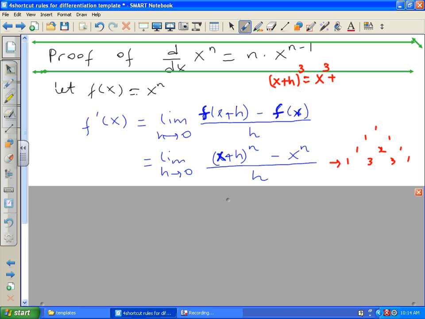So the next coefficient should be a 3. And you keep subtracting the power of x and increasing the other power. It will be x squared times what? H to the first, right? Plus the next one will be 3x times h to which power? Second, and the last one would be 1 times h to the third. Now, everything except for the first term has an h in it, does it not?